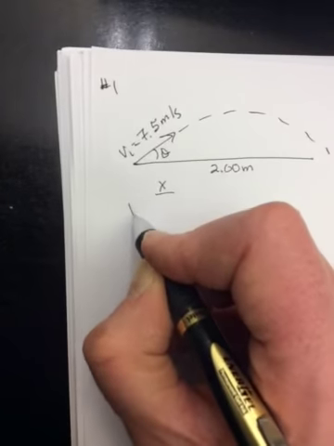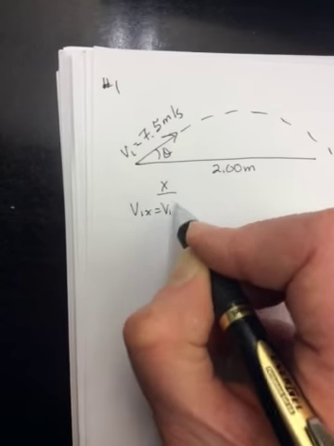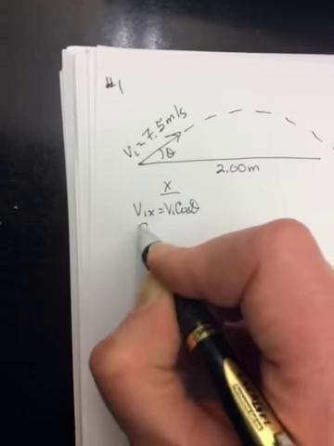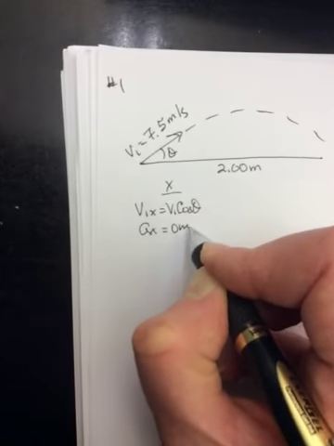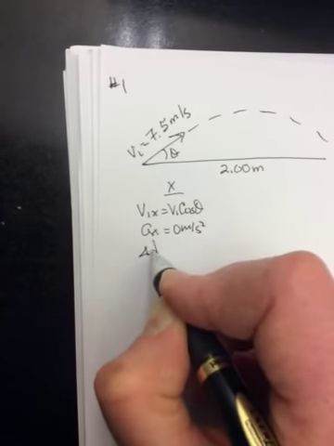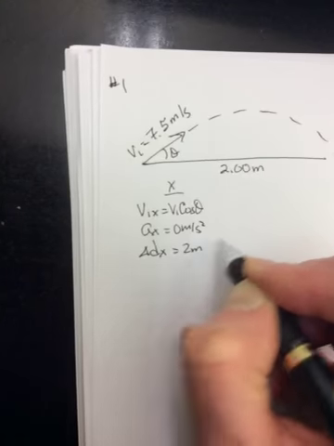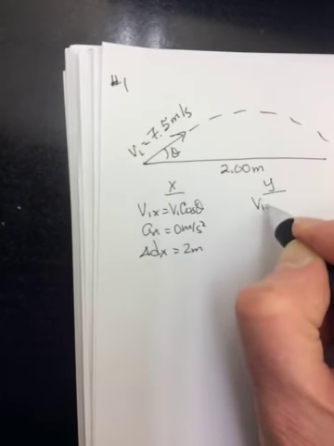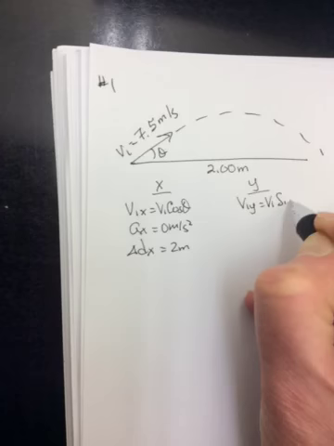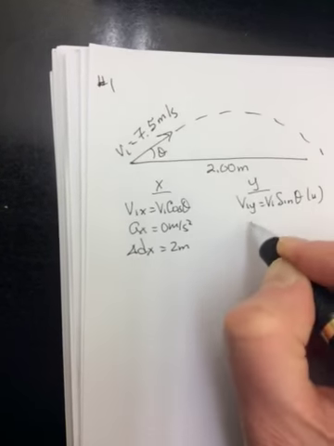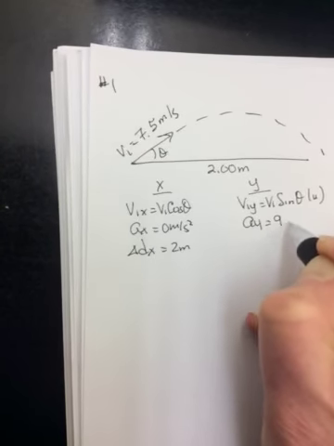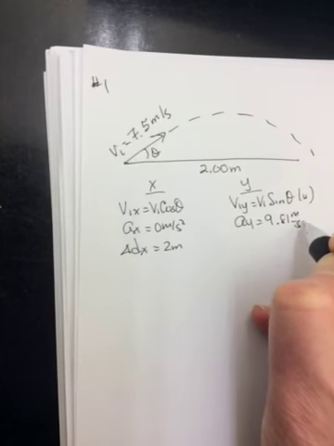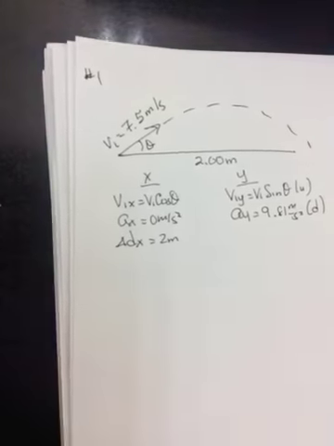So in the x direction, VIX is VI cos theta. AX is 0. Delta dx, 2 meters. In the y direction, VIY is VI sine theta. It's going up. AY is 9.81 meters per second squared, going down.